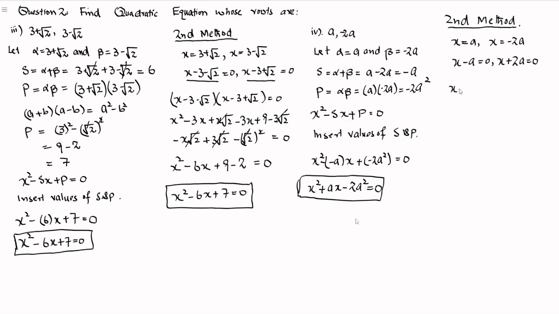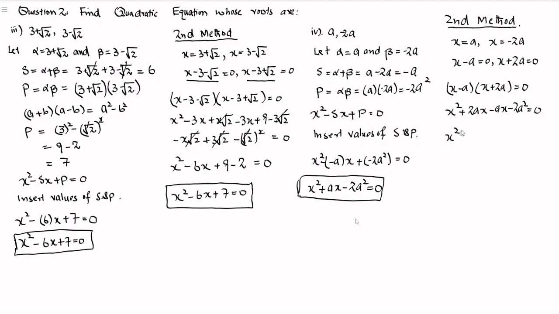So we multiply both the factors, x minus a into x plus 2a is equal to 0, to get the quadratic equation. Now x multiplied with x is x square, x multiplied with 2a is 2ax, minus a multiplied with x is minus ax, and minus a multiplied with 2a is minus 2a square is equal to 0.